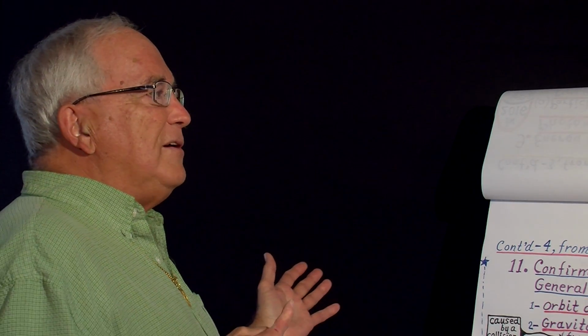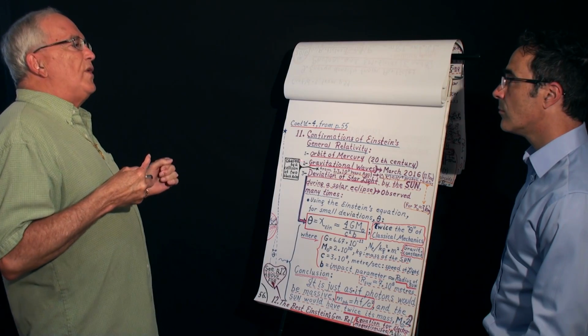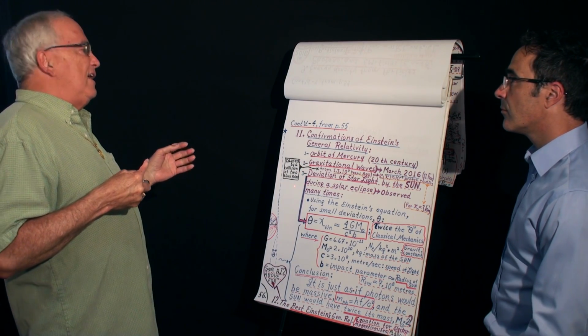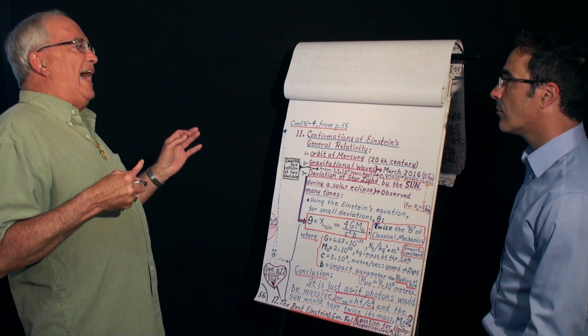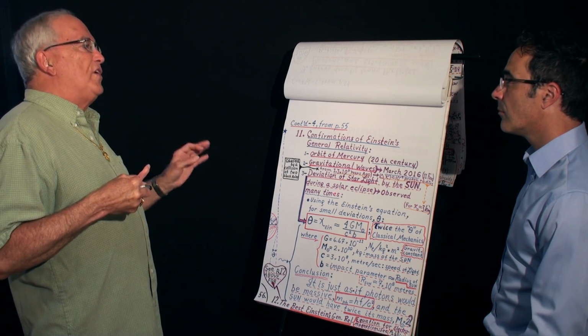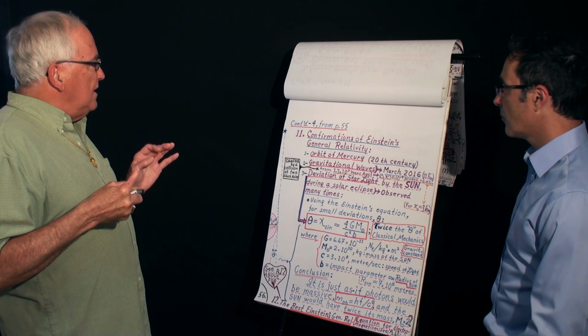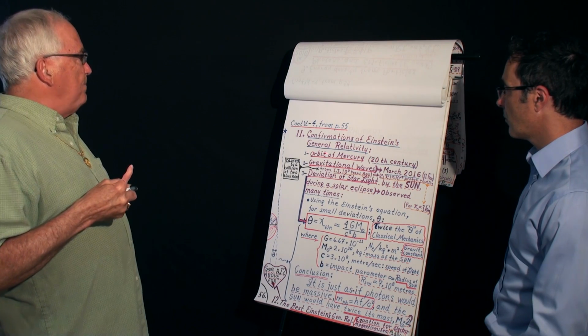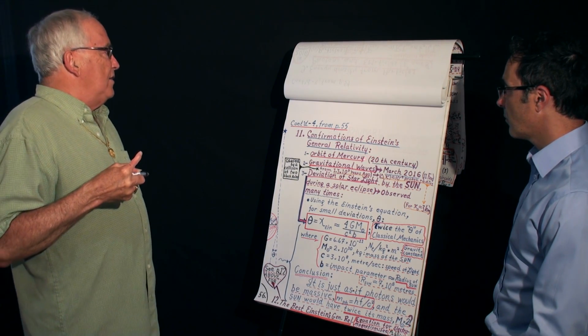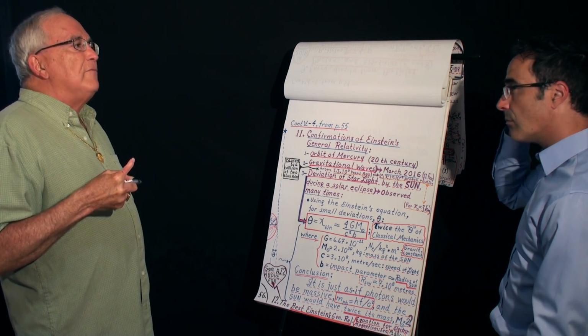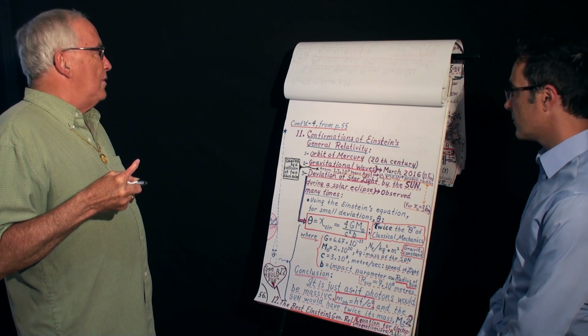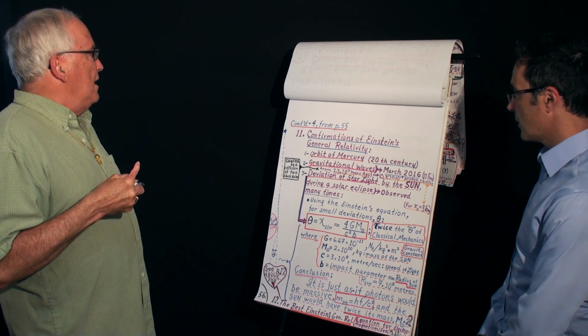In February 2016, what he predicted as gravitational waves were detected. But the first verification of his general relativity theory is about the orbit of Mercury, which I mentioned. I'm not going to go long on that.